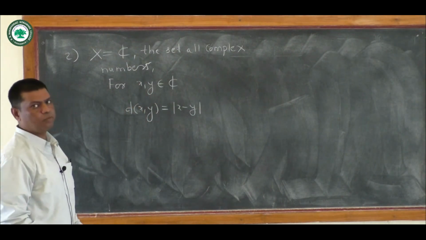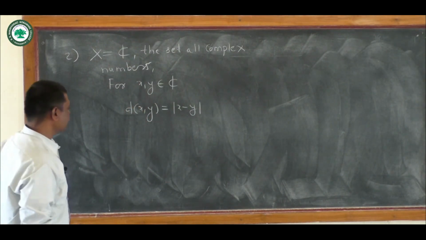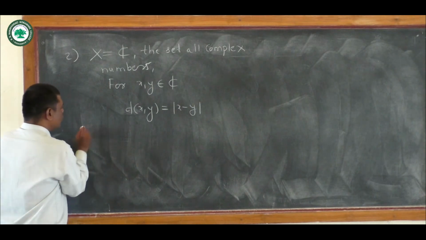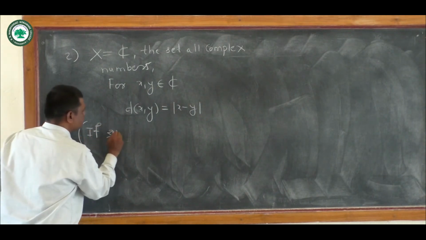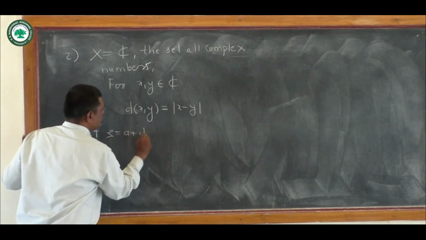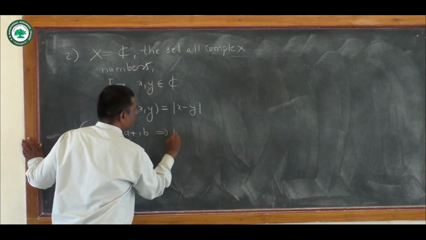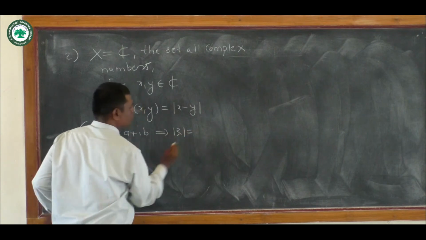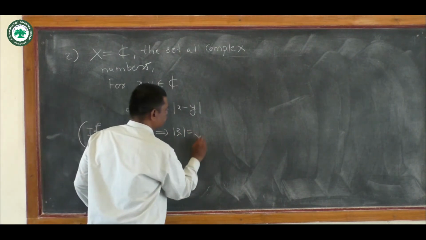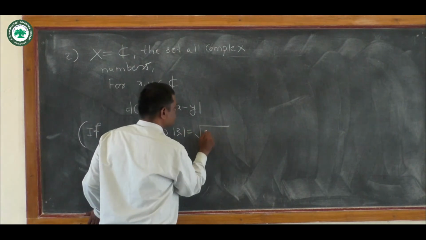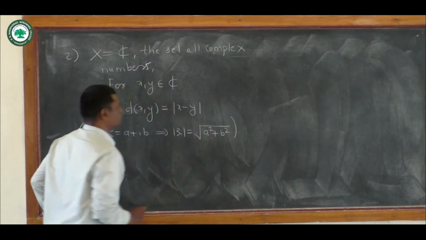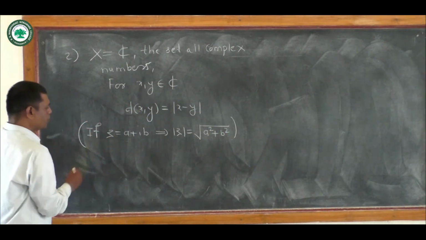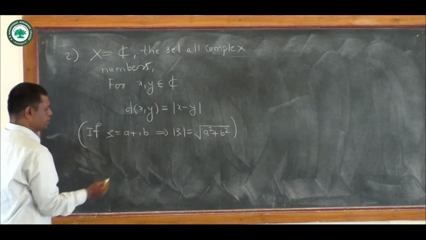This is called the modulus of x minus y, because in complex numbers we know that if z is equal to a plus ib, then the modulus or absolute value of this complex number is defined by the square root of a square plus b square. So for that purpose we are going to use this.